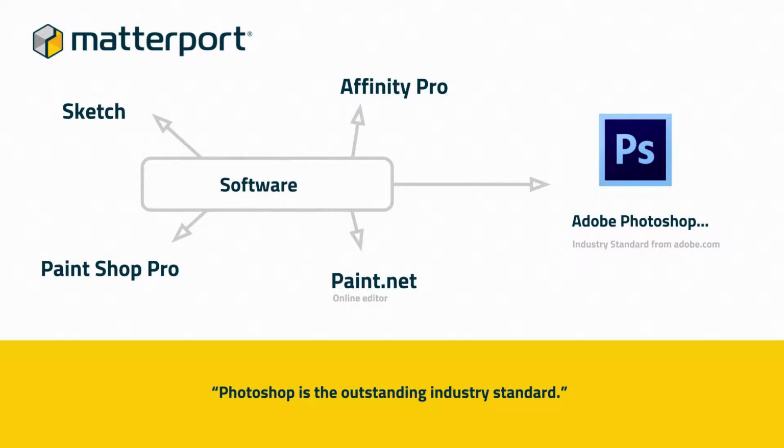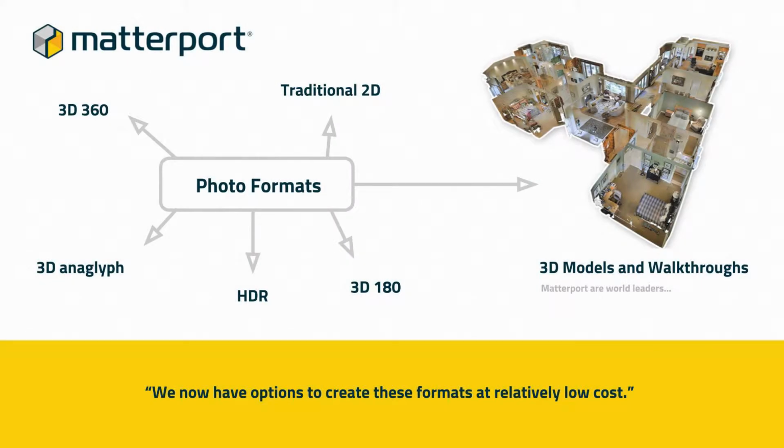There are other less well-known solutions such as PaintShop Pro, Paint.net, which is an online service, Sketch, Affinity Pro, Pixelmator Pro, etc. But Photoshop is the outstanding industry standard. So we now have our traditional 360, 3D anaglyphs, 3D side-by-side, 3D 180, 3D 360 imagery at our fingertips. So we've got options to create this at a relatively low cost compared to previous times.